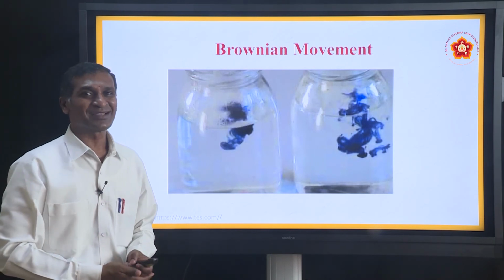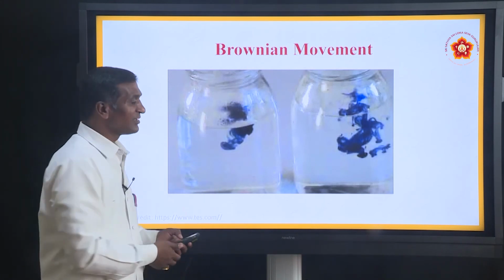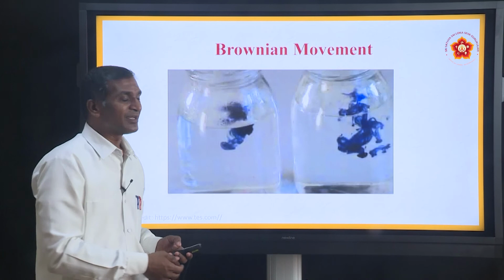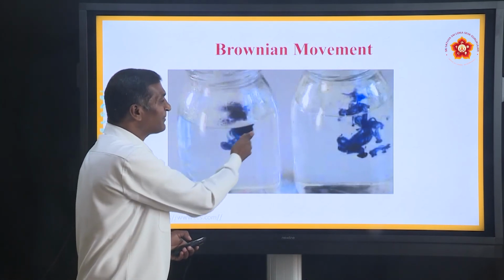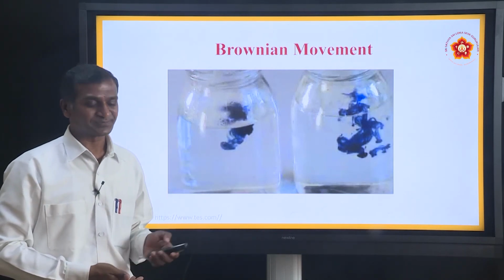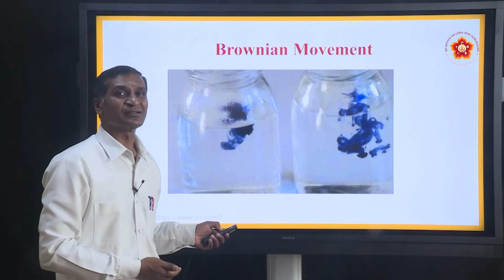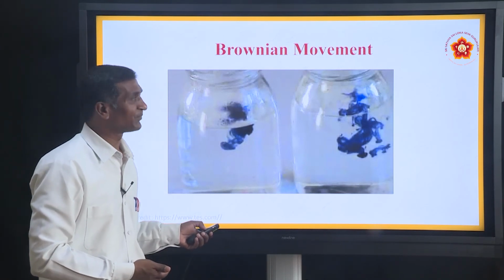In the picture, in 2 bottles of water, we added 2 to 3 drops of ink and you can see the spread of ink by itself without any effort. This is the zigzag movement of colloid particles.